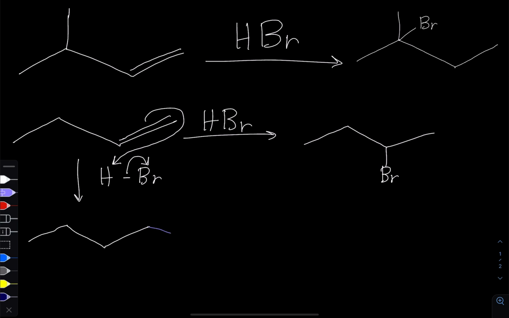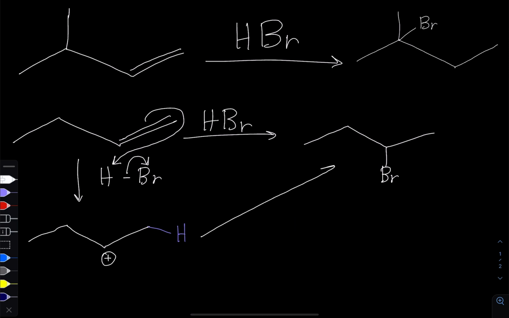So there's an extra hydrogen here. And the other carbon, this one, would bear a positive charge. Now the reason why the hydrogen doesn't go here is because if it were to go here, you would have a situation like this, and the carbocation would be primary, but primary carbocations are not as stable as secondaries.